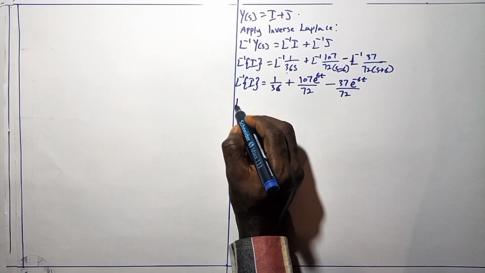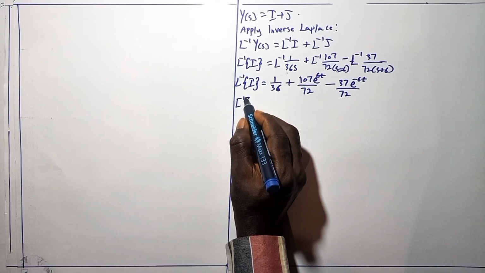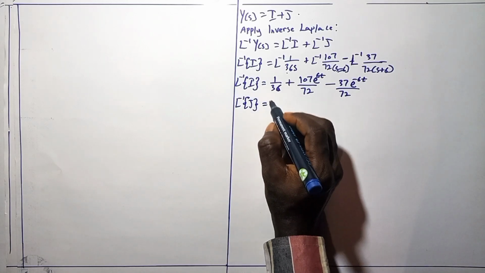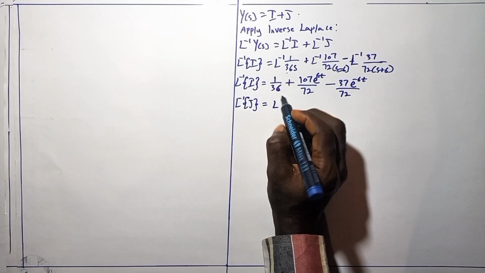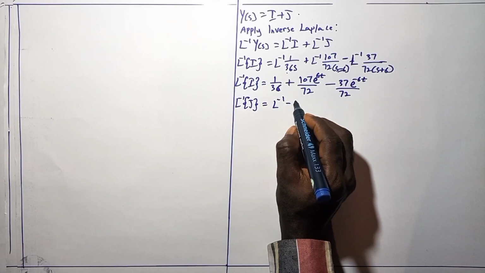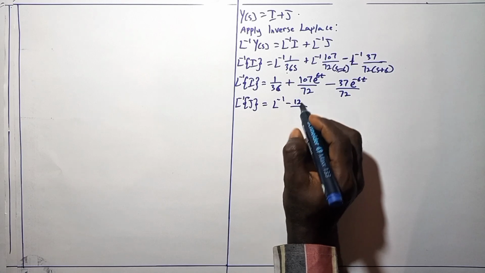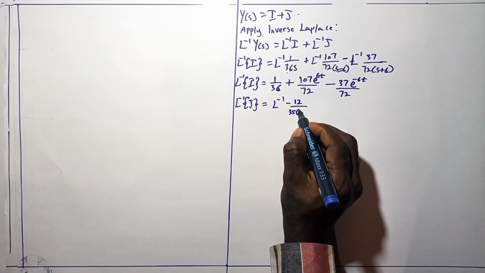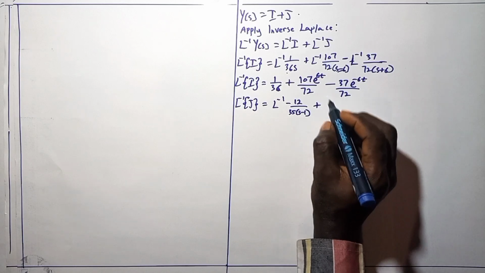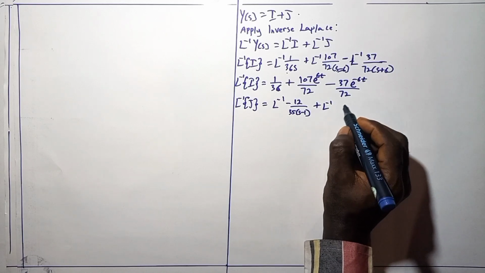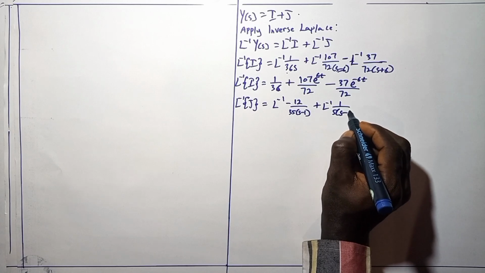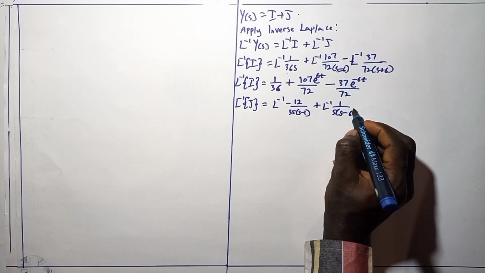So then inverse Laplace of g, inverse Laplace of g now. So g is minus 12 over 35 s minus 1, plus inverse Laplace 1 over 5 s minus 6.